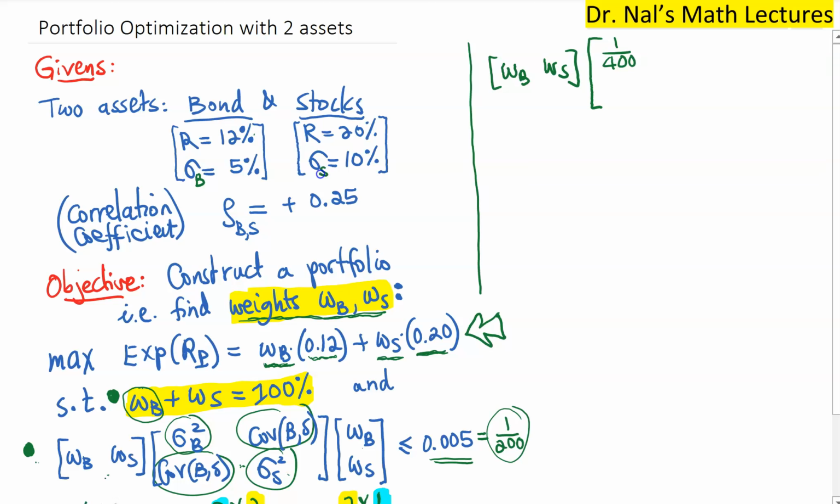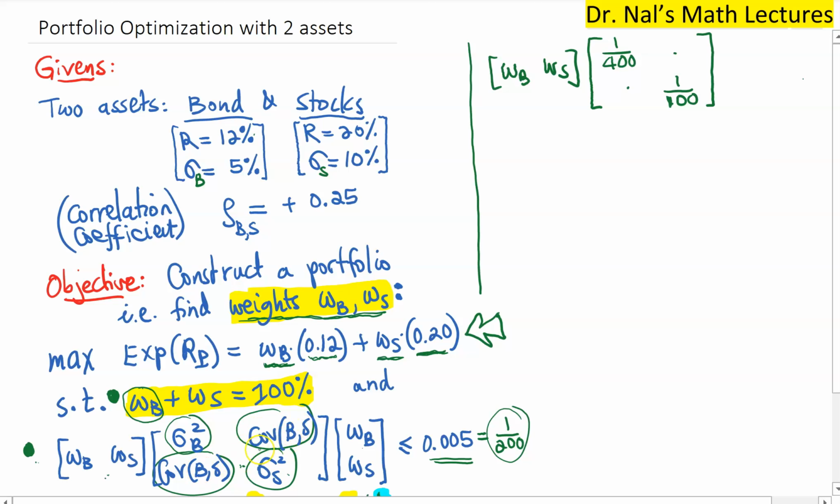Sigma s is the standard deviation of the stocks, 10%, which is 1 over 10, squared. That will give us 1 over 100, 1 over 100. Now, the only thing remaining are the off-diagonal entries, which turn out to be the same thing. The covariance of bonds and stocks versus the covariance of stock and bond, they are the same thing.